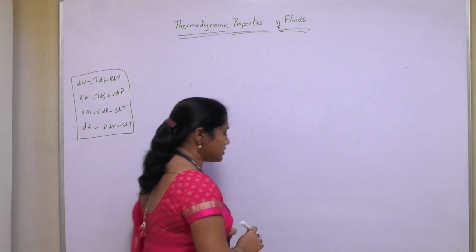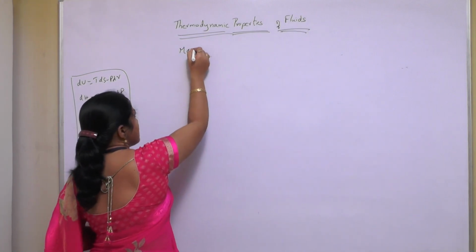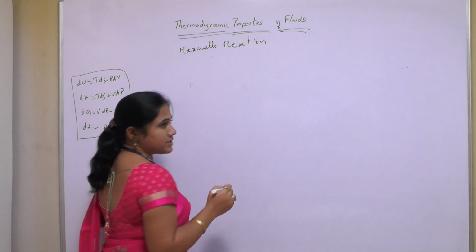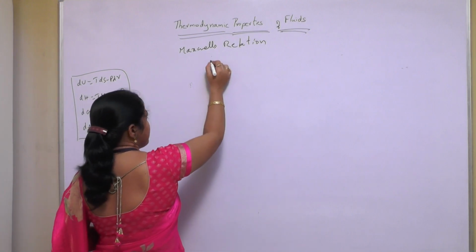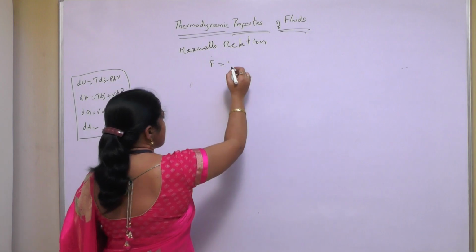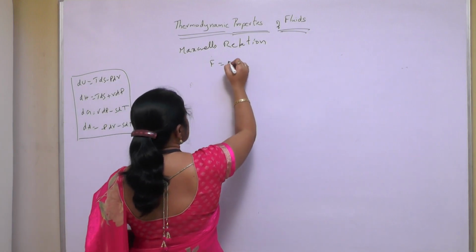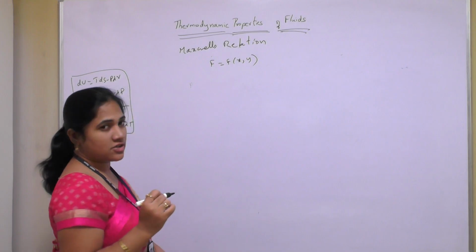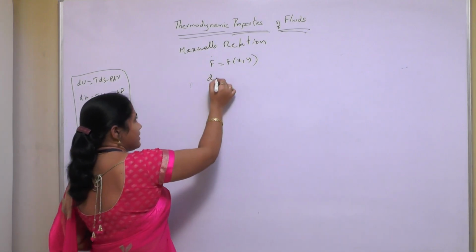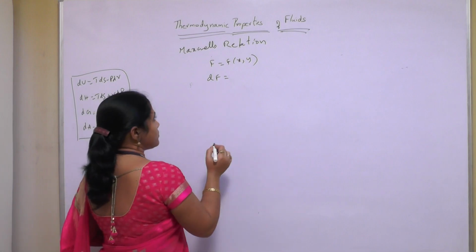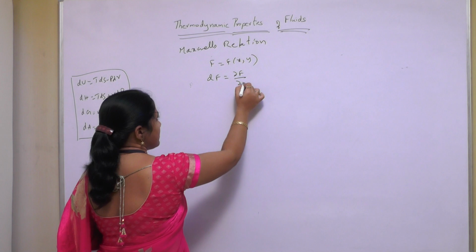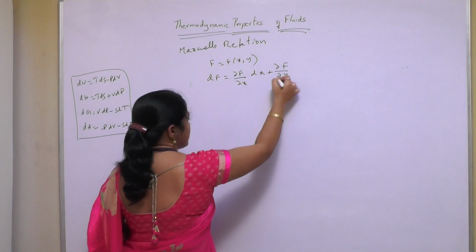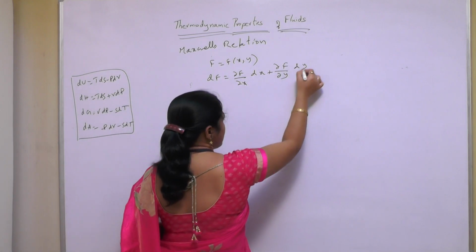Those relations are based on the following. Suppose f is a function of x and y, then the total differential df equals (∂f/∂x) dx plus (∂f/∂y) dy.